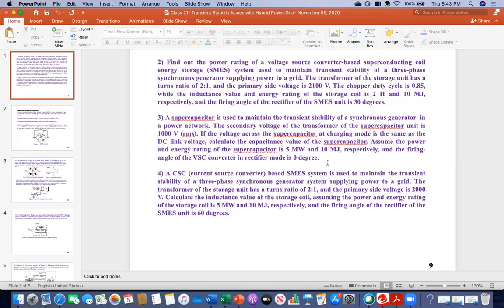Then once you get the VDC, as I said, energy storage for a capacitor is E equals half CV square, and the E value is 10 megajoule. Now using that equation and substituting the VDC value that you got for voltage, you calculate the C value and let me know.